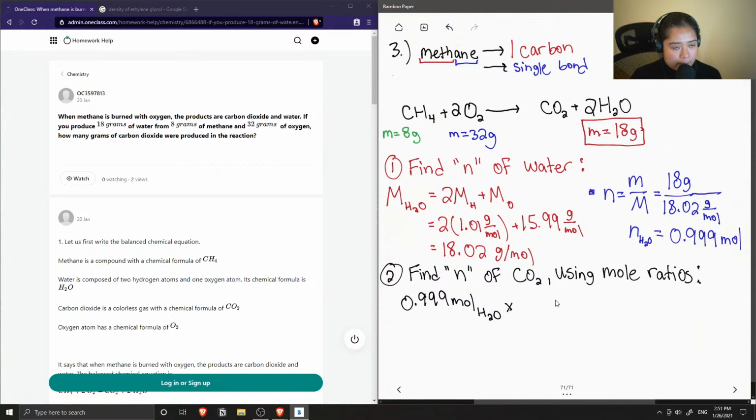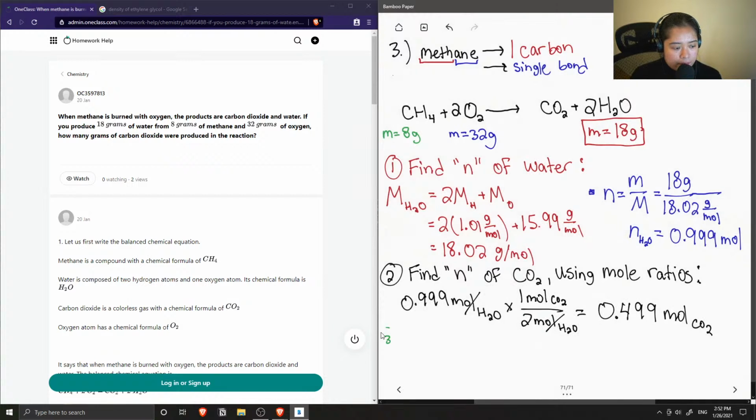If we multiply this by the ratio where 1 mole of carbon dioxide is formed and 2 moles of water is formed in this reaction, then we just need to divide our number of moles of water by 2. We know we did it correctly if the units for moles of water cancel out, and we're left with moles of CO2, and you get 0.499 moles of CO2.